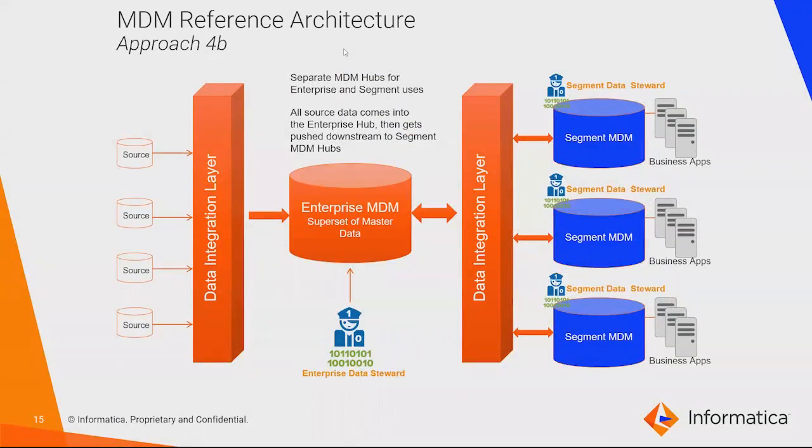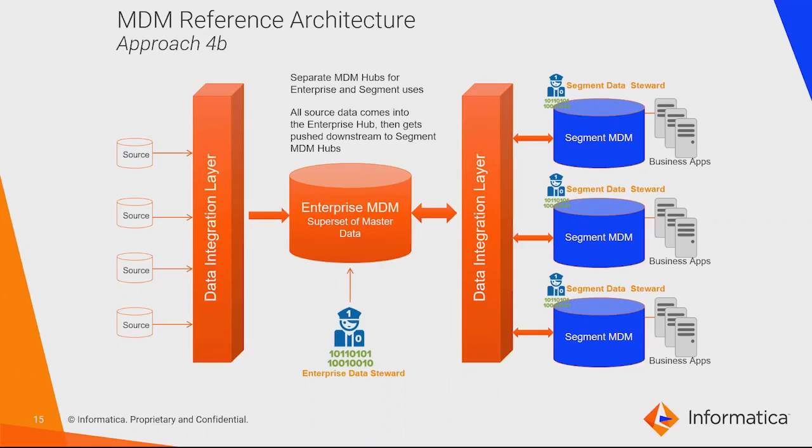The next pattern in hub-of-hub approach is establishing an enterprise MDM with a superset of master data. It acts as a front line for all other business unit specific MDMs. The data model in this hub will generally consist of core attributes that are common across the enterprise, and it's generally a simplified data model.